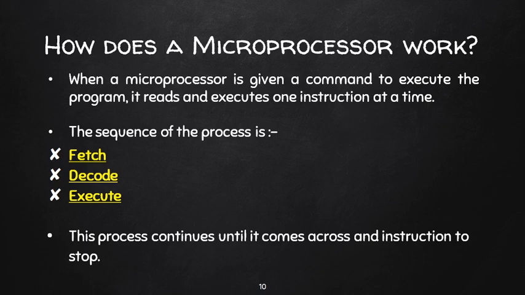Memory stores all the instructions, or the instruction set, which is a program, as well as data, in a particular location at a particular address. So whenever the microprocessor is given a command to execute a certain program or instruction, it goes to the memory, to that particular address where the program is stored.